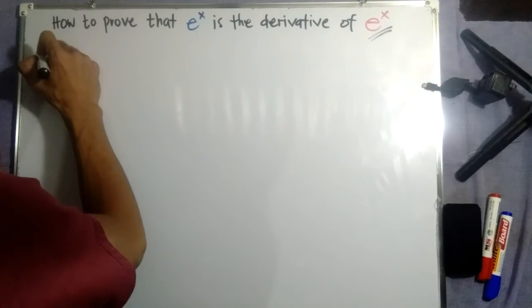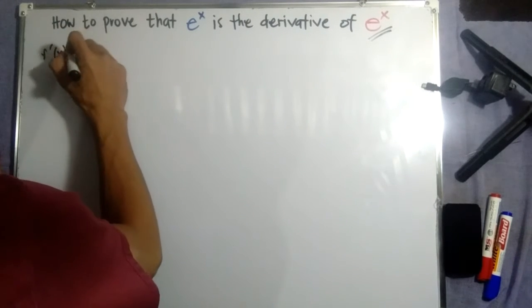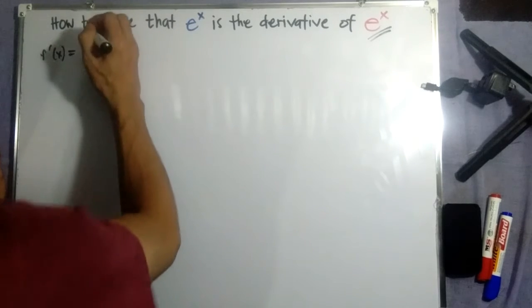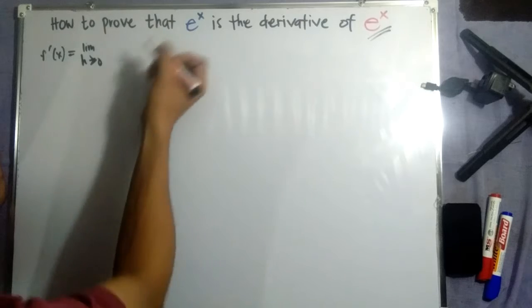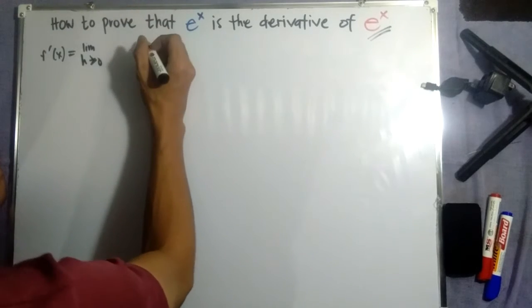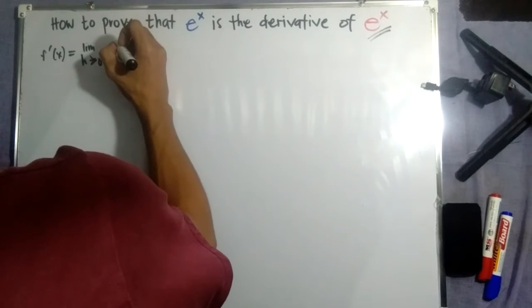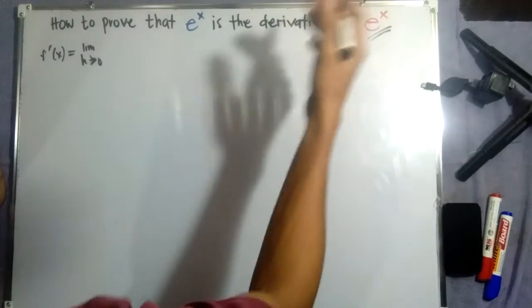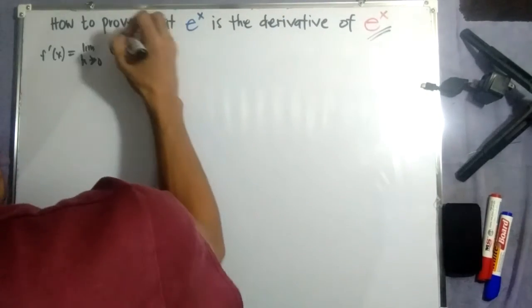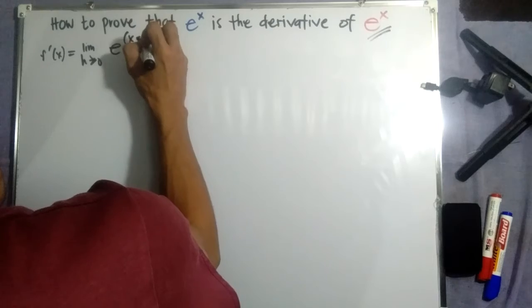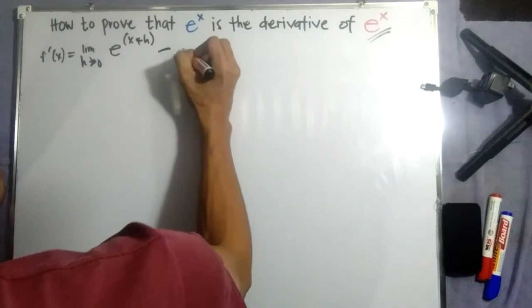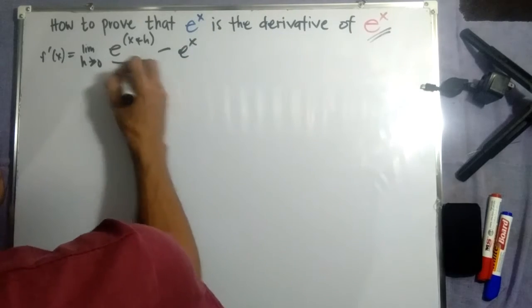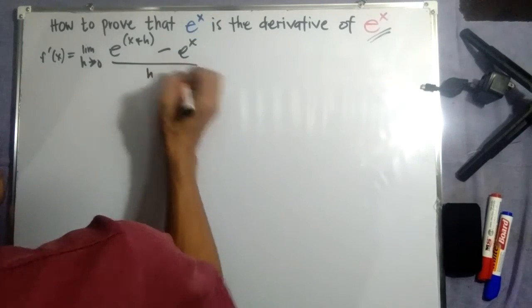We start from the definition of derivative, which is f prime of x is equal to the limit as h approaches 0 of the function e to the x, pero x plus h siya. So, e raised to the x plus h minus its initial function, which is e to the x, divided by h.